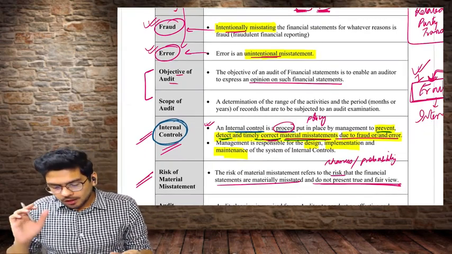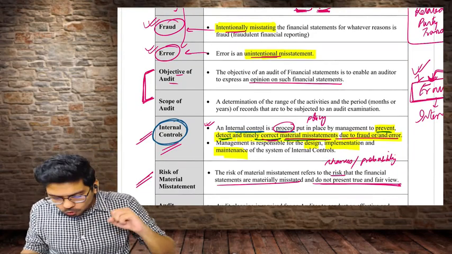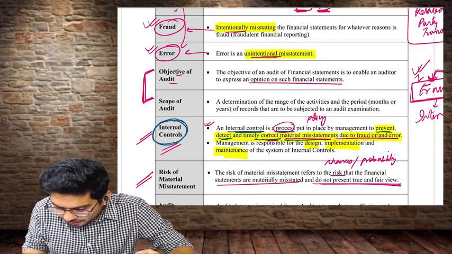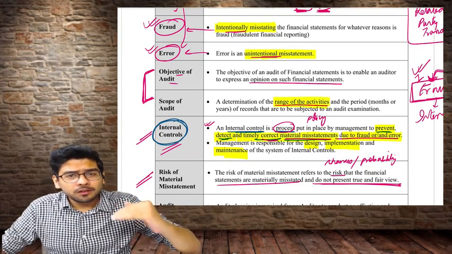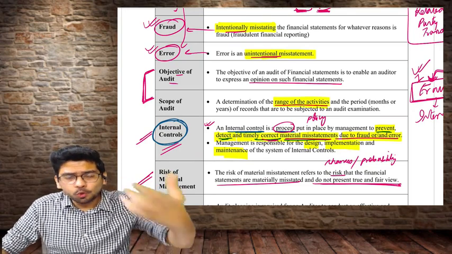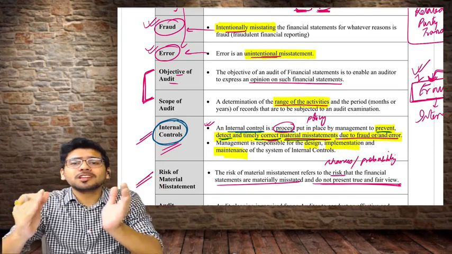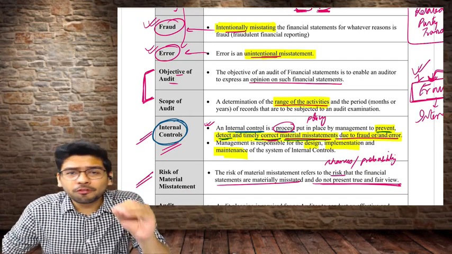Now comes the scope of audit. What is scope of audit? Please understand, scope of audit means determination of the range of activities. What all things does Divya have to do after her appointment? When she starts the auditing, what all things she needs to check is the scope of auditing.